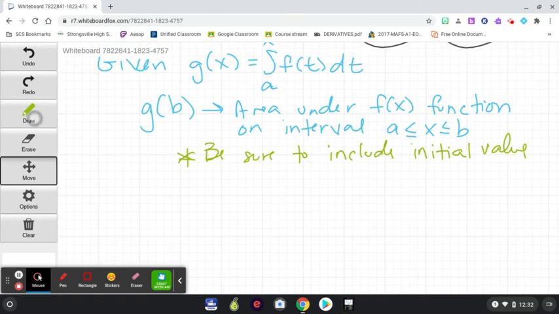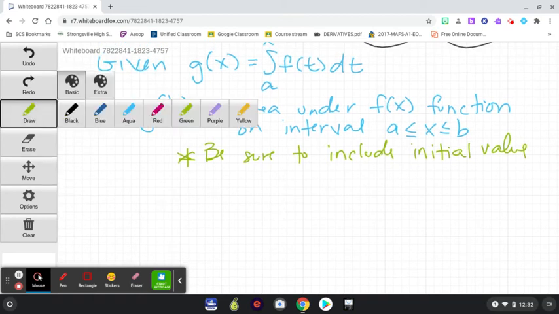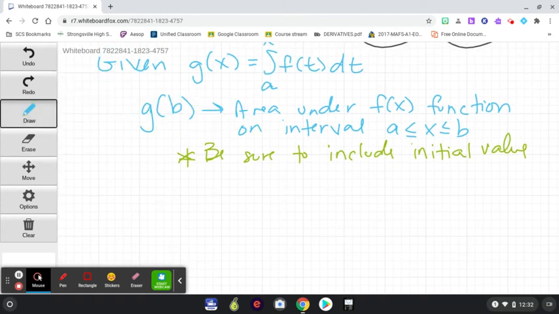So if g is the area under that f function, that's the definition of a definite integral is area, then if I take the derivative with respect to x of both sides of that equal bar, I'm going to get that g prime of b would be equal to f of b, right?